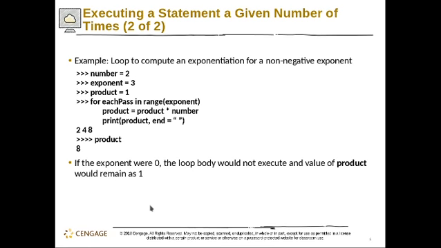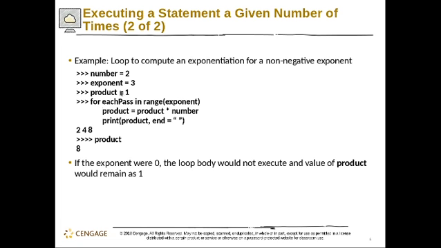So let's look at another loop. For example, we define several variables: number, exponent, and product. For each pass in the range of exponent, you will run this loop 3 times.